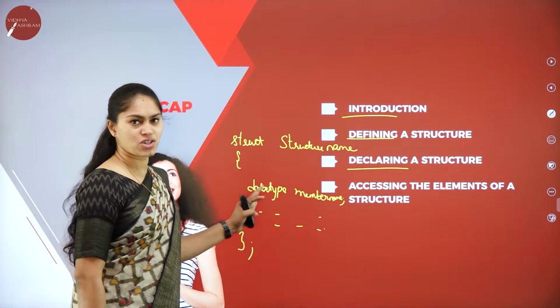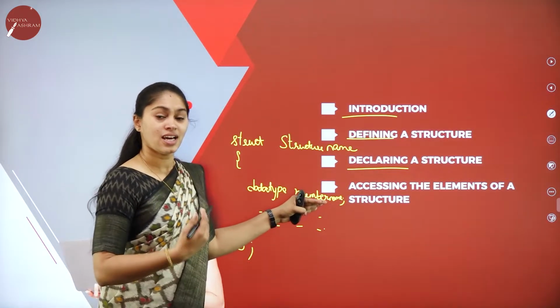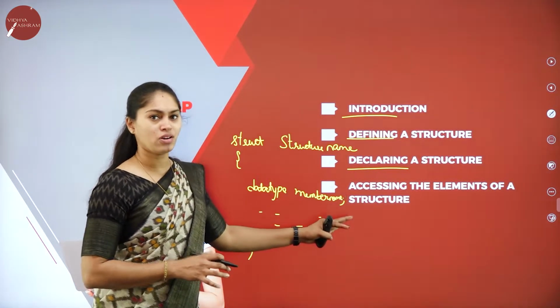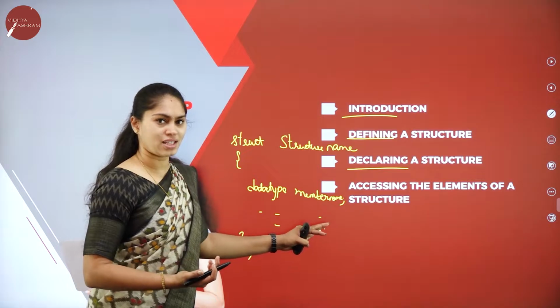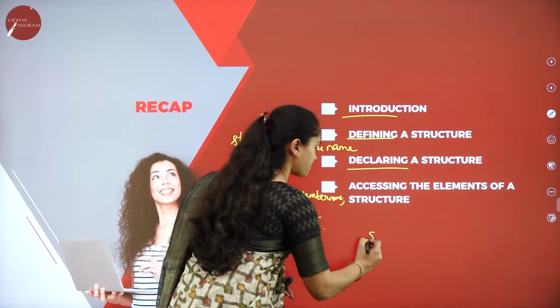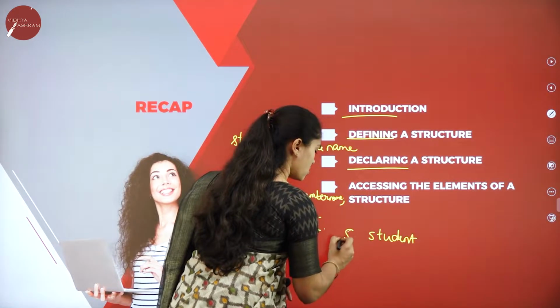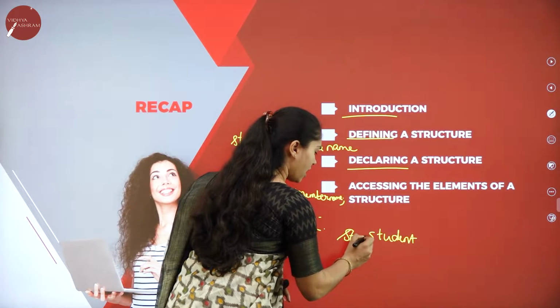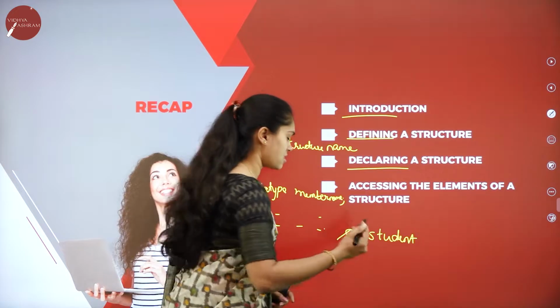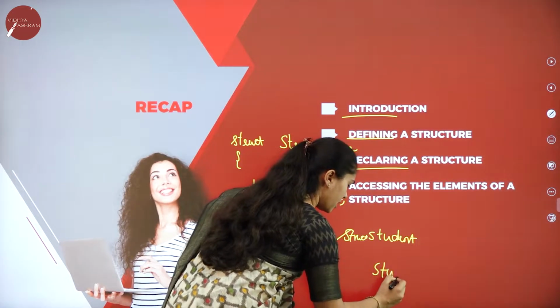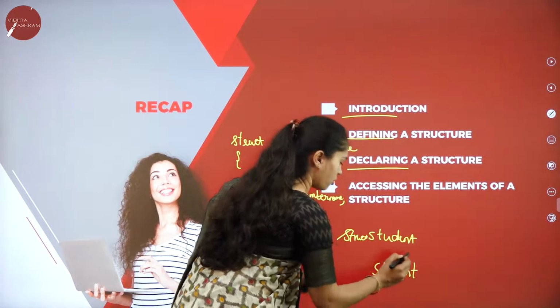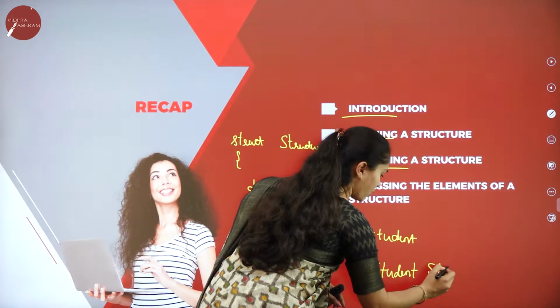So this is the definition. If I want to access these members, I have to access them with the help of variables. How are we going to create a variable? For example, I have a structure called student. I want to create a variable for this, so I specify the name of the structure, then take one variable.